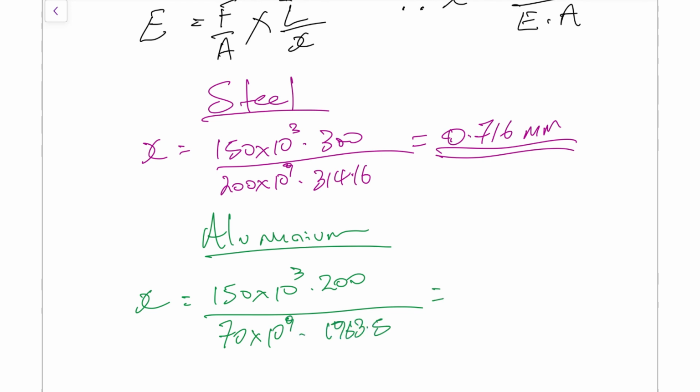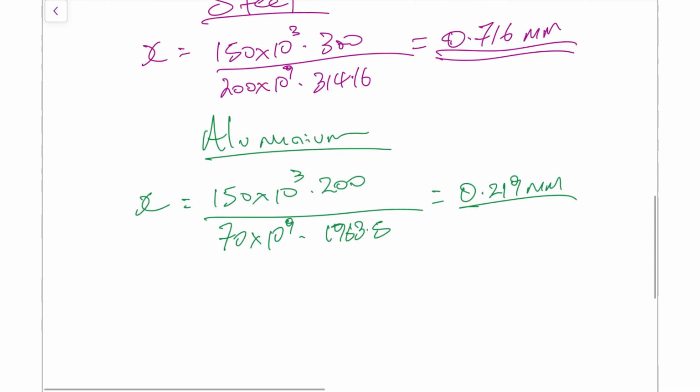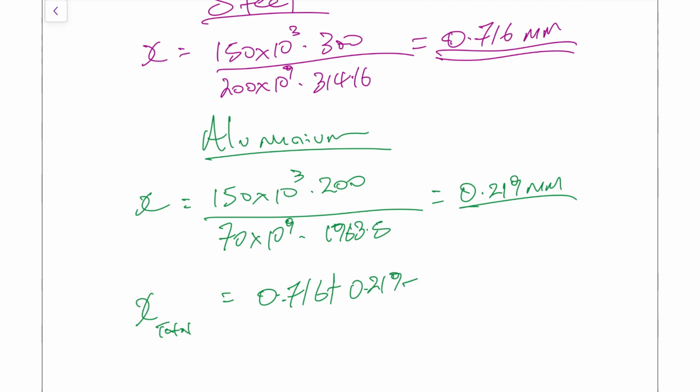That gives us an extension of 0.219 millimeters. What we need though is the total extension. The overall extension is just the sum of those two, so 0.716 plus 0.219 gives us 0.935 millimeters. So that's our overall extension.